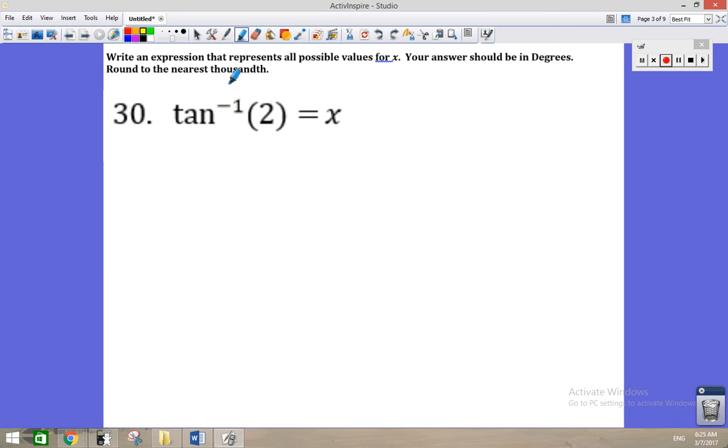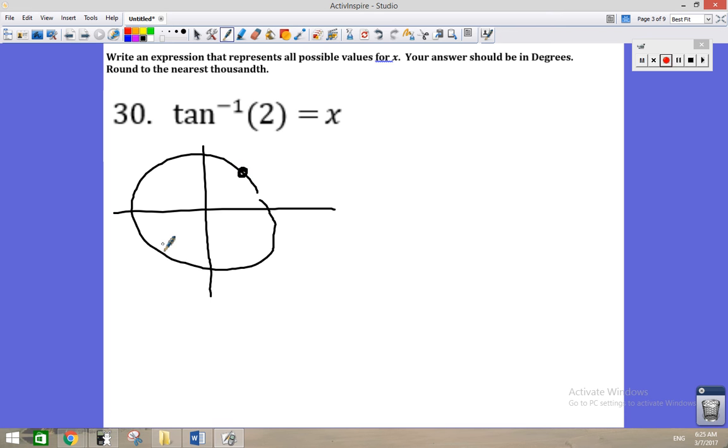Alright, so let's take a look here. Tangent is positive in quadrants 1 and 3. So there's some point that has a ratio of y to x that's equal to 2 in quadrant 1 and also in quadrant 3. When we use the calculator, it's only going to search on the right half of the unit circle.